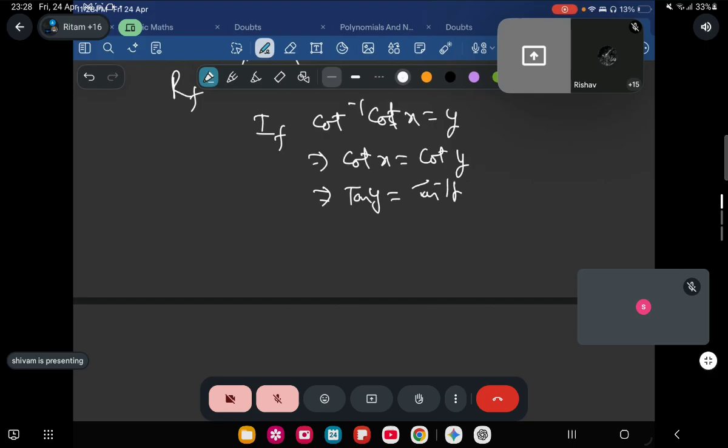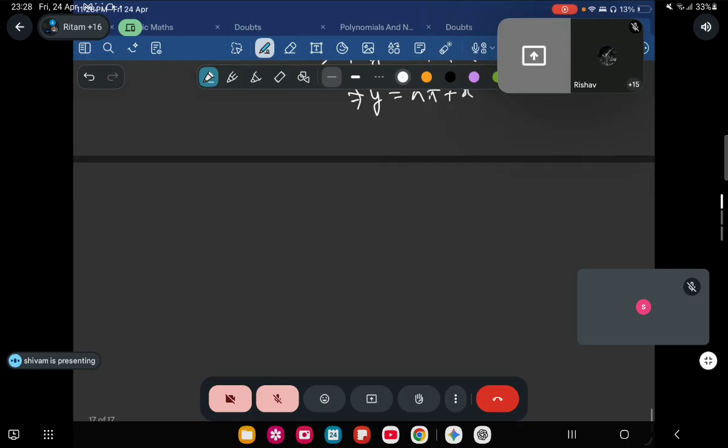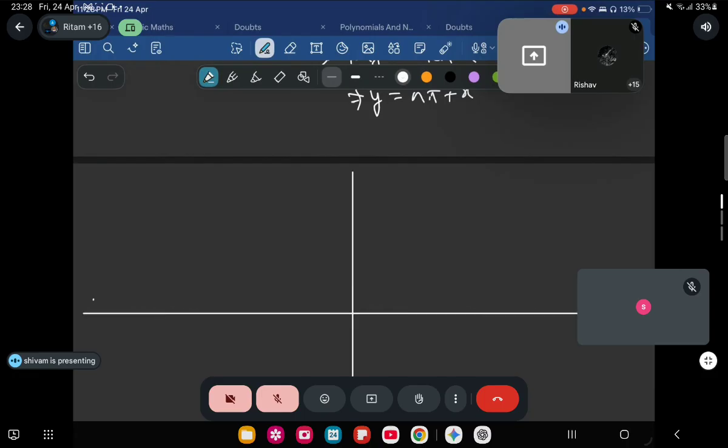When tan y equal to tan x, this implies y equal to n pi plus x. Okay. So how will the graph look like? Again, cot inverse cot of x is also periodic and the range is 0 to pi. So the maximum value will be at pi.